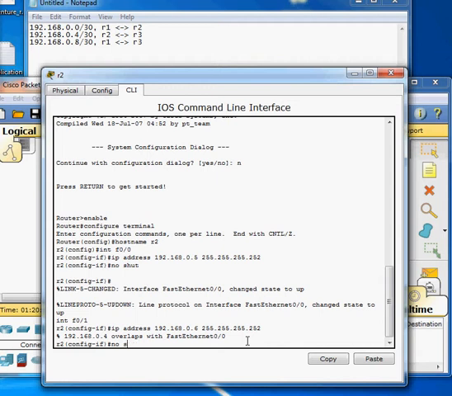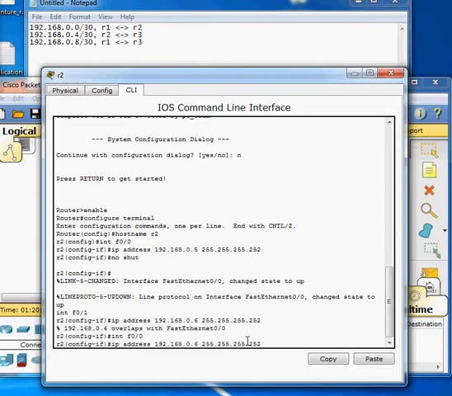Oh, looks like I made a mistake here, so let me go back. F00 should actually be 2. So 2, 3. Yep, so that is correct actually. It's like I made a mistake somewhere.